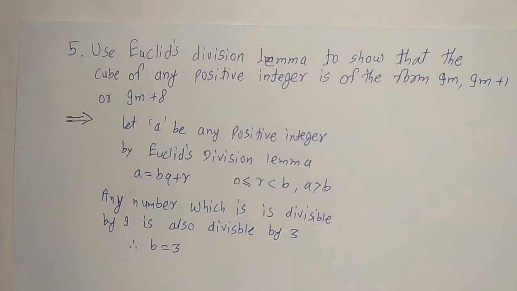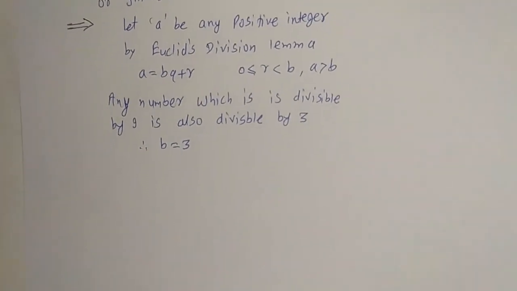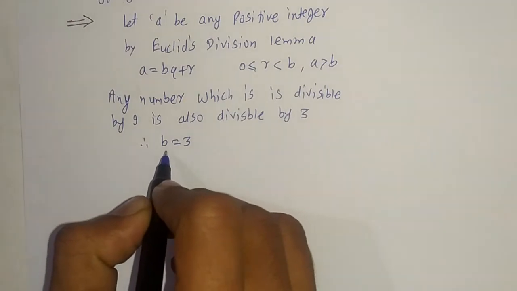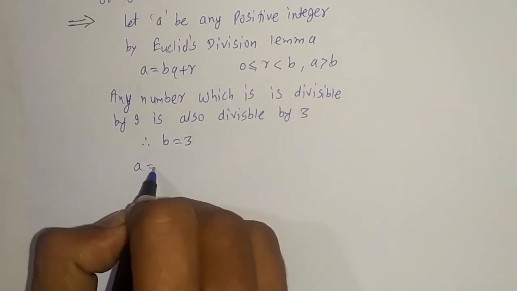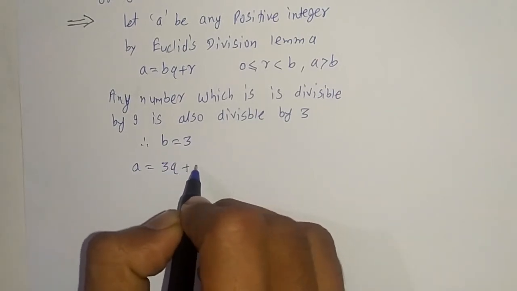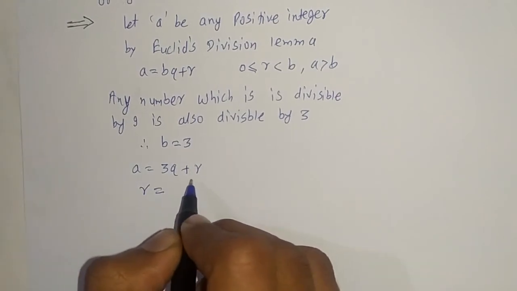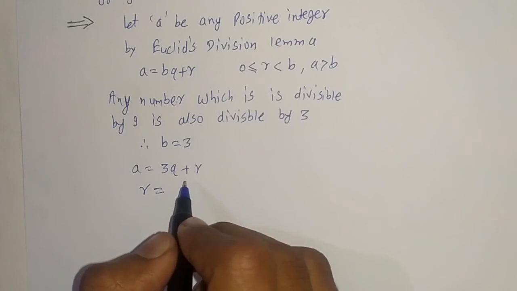So let's write down the further steps for Euclid's division lemma. The value of b is 3. So rewrite the equation a equal to 3q plus r. So what are the values of r then? r has to be less than 3 and greater than or equal to 0.